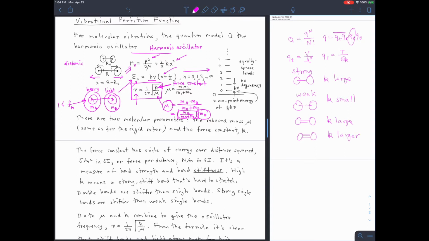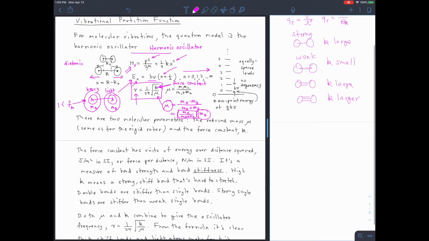By just looking at the strength of the bond, you can get a feeling, not a quantitative one, but a qualitative feeling for how big that force constant is. And then you can see that the frequency is just 1 over 2 pi, the square root of the force constant divided by the mass. So frequencies will be high when the bond is strong, that represents the effects of the force constant, and the atoms are light.